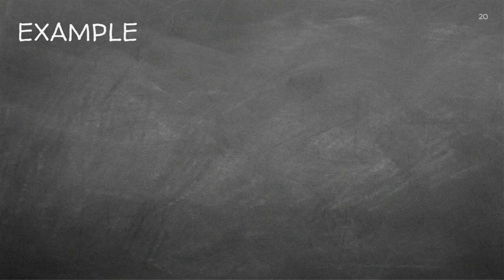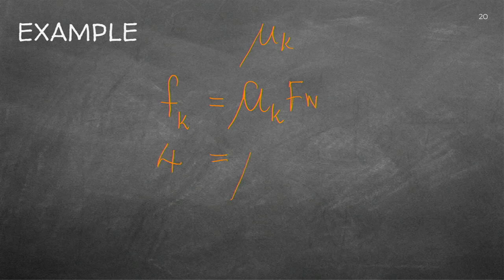Let's go to the second one. We want to calculate the kinetic coefficient. My equation will be: my kinetic friction will be the coefficient times the normal. It's now the 4 newtons. It is again the coefficient, and I'm now using the same normal.